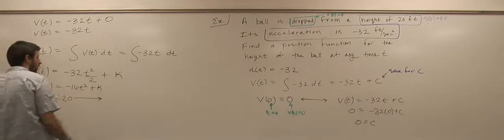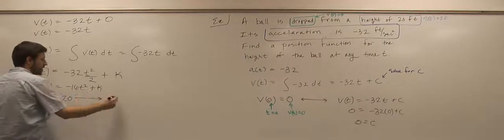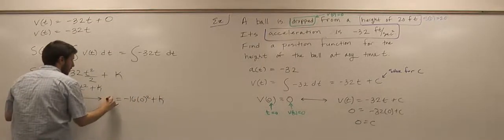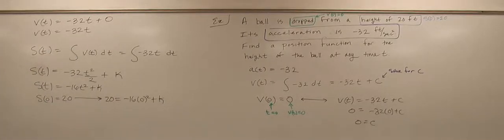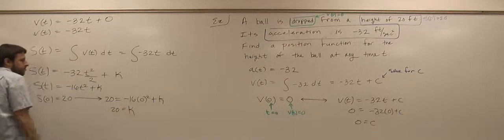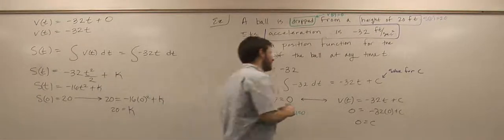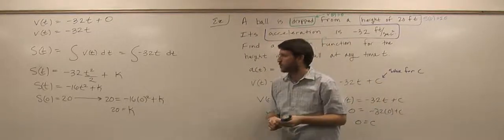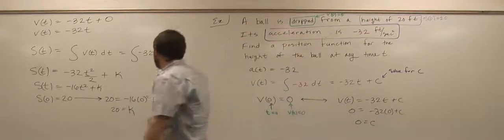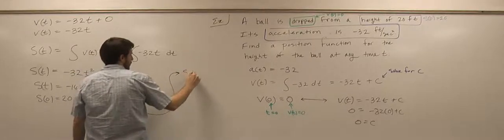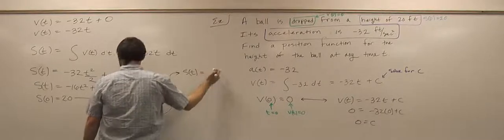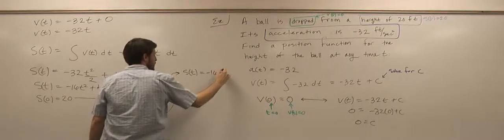So when I plug in 0 everywhere for t, negative 16 times 0 squared plus k, I should get out 20. Which means my constant of integration here, the position function is negative 16t squared plus 20.